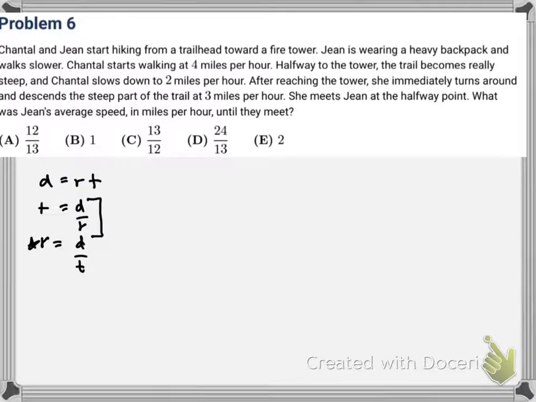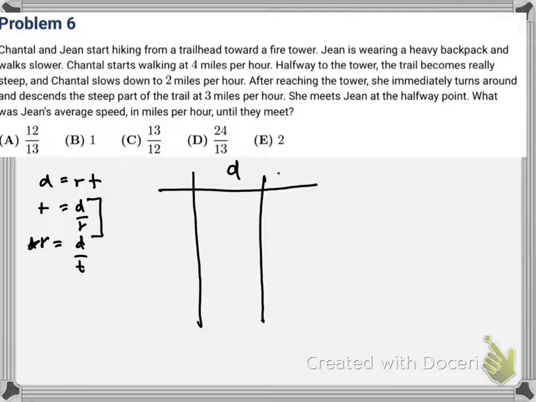So in the end, I'm going to be using R equals D divided by T. So let's get started, and let's say this is distance and this is time. This is going to be Chantal's distance, and this is going to be Jean's distance and time. So Chantal climbs, she walks over here, then she climbs up here, and then she comes back down.